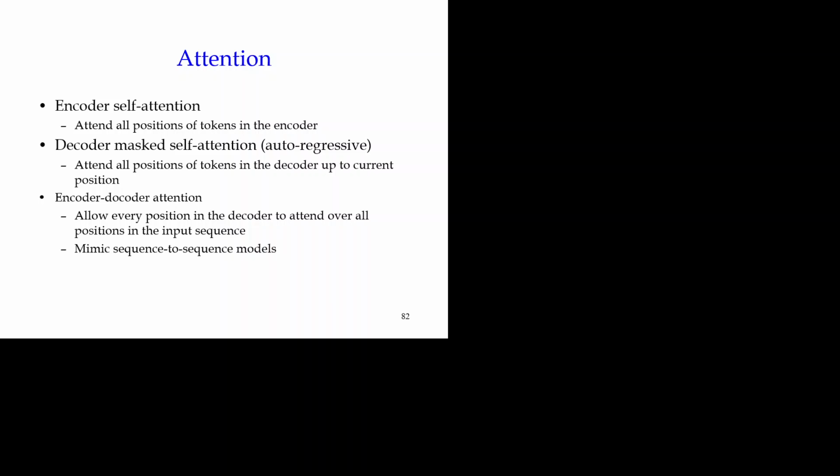And the third attention mechanism is called encoder-decoder attention. Sometimes we call it cross attention, because it crosses from the encoder to the decoder. It allows each position in the decoder to attend to all positions in your input sequence, and it tries to mimic the sequence-to-sequence model.